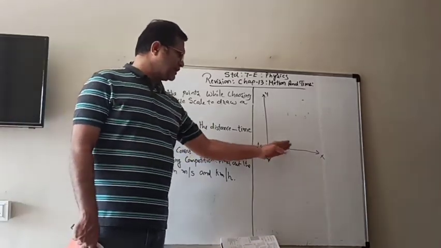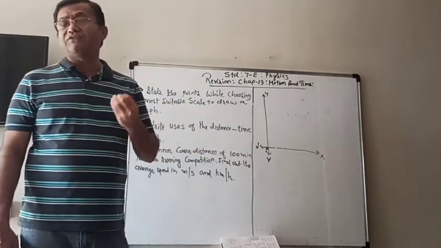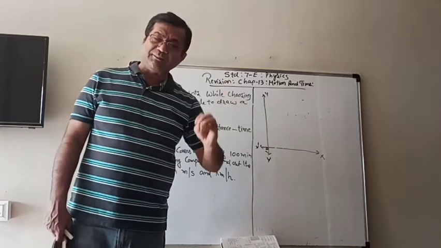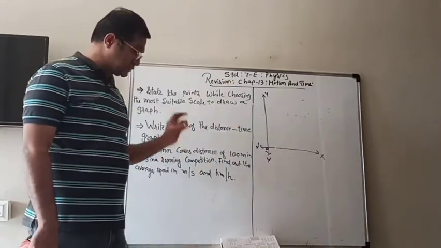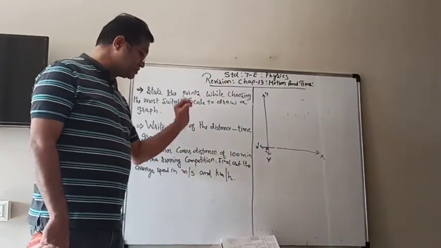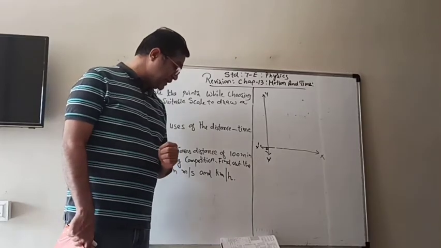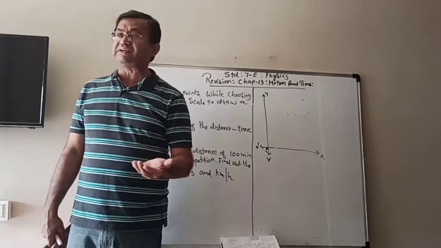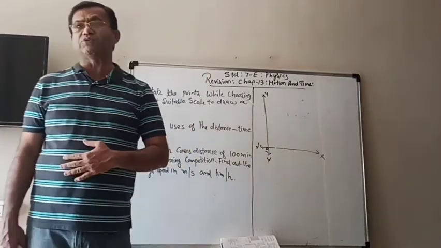Similarly, if at any time you want to find the distance covered by that object, from the graph we can easily find out the distance covered at any instant of time. Similarly, we can understand whether it is accelerated or non-accelerated motion.